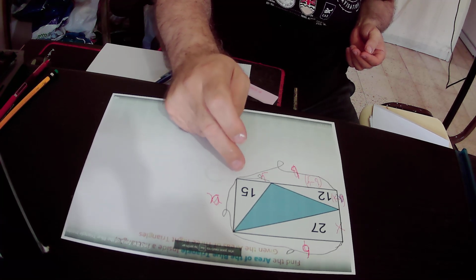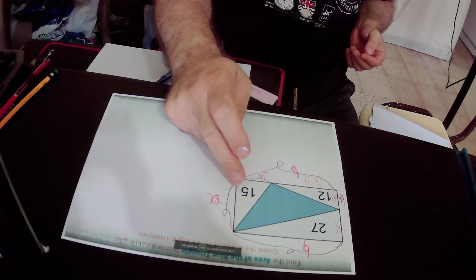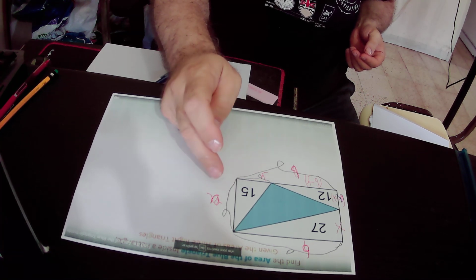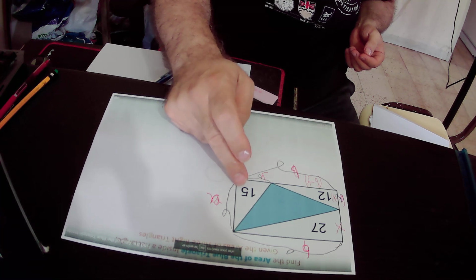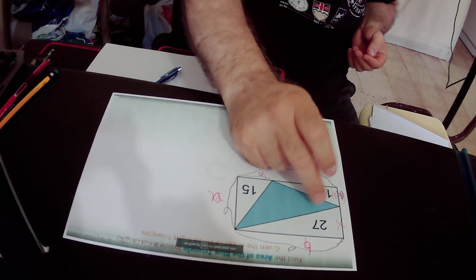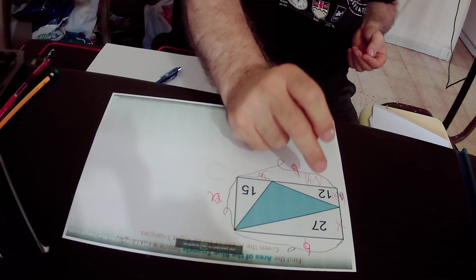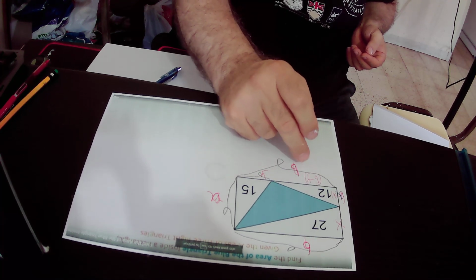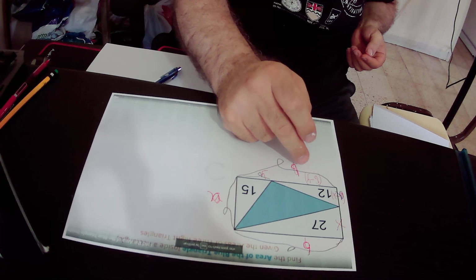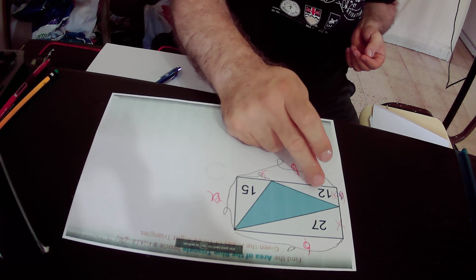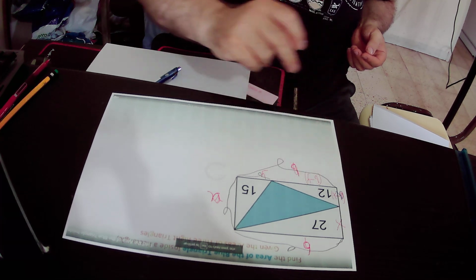So we have the first equation for this right triangle: y times a divided by 2 equals 15. The area of this triangle is b times x divided by 2 equals 27, and the area of this triangle is (b minus y) times (a minus x) divided by 2 equals 12.